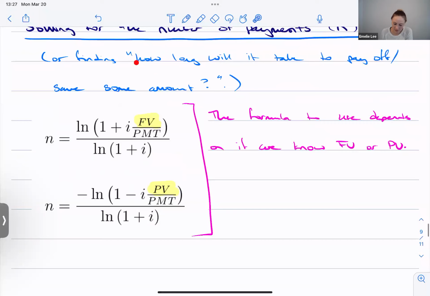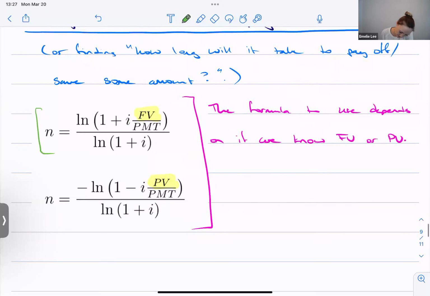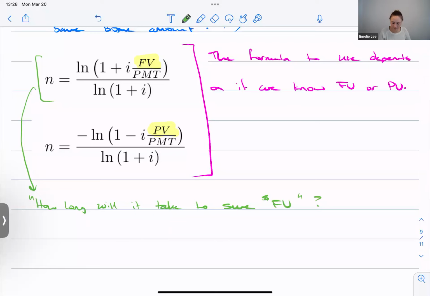So here, in terms of the question, how long will it take to pay off or save some amount, right? So let's jot that down here. How long will it take to save future value dollars, right?